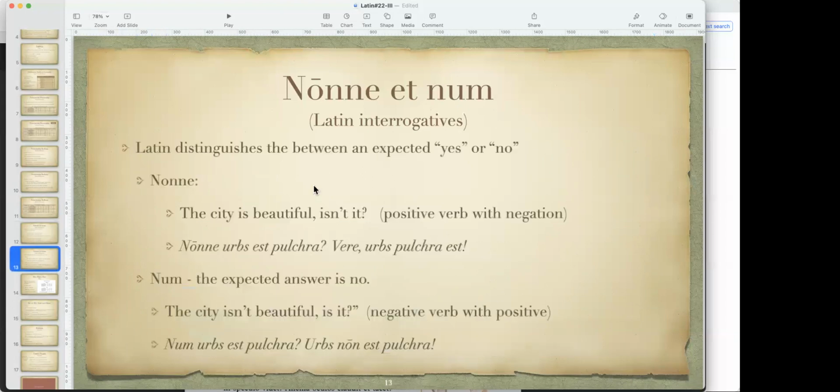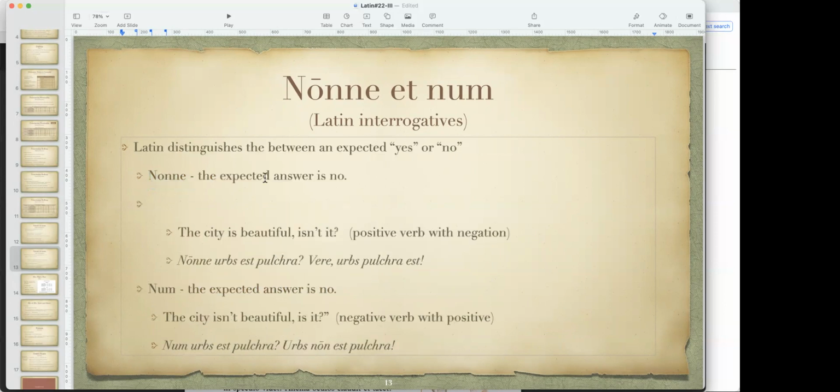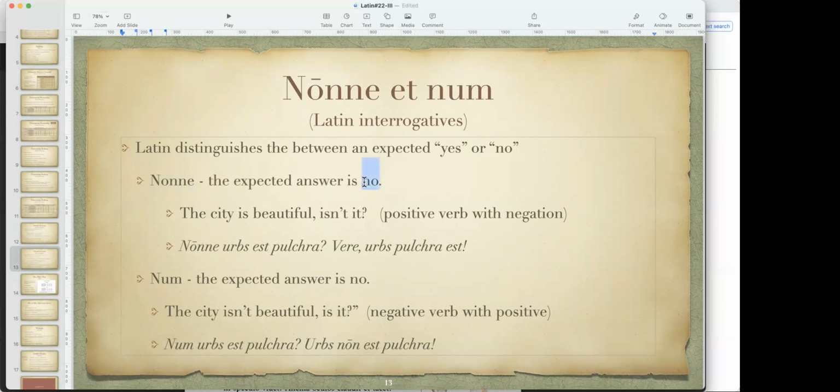In Latin, it's a little clearer, I think anyway, distinguishing between the two. Nonne means the expected answer is yes.